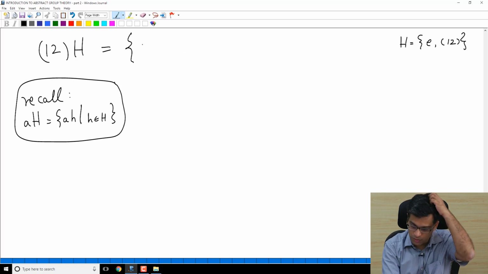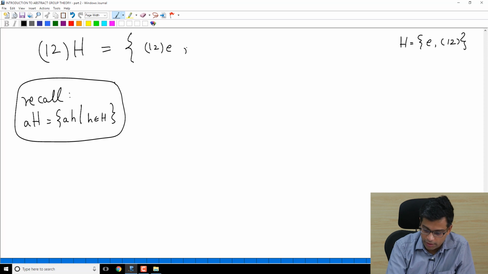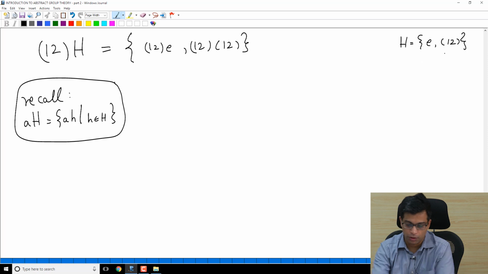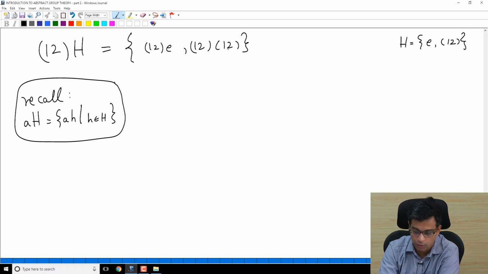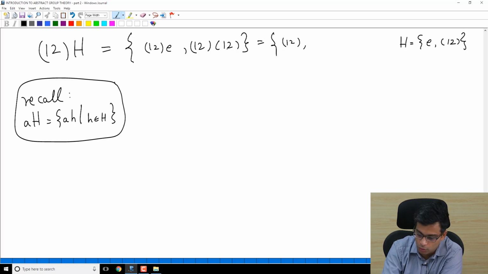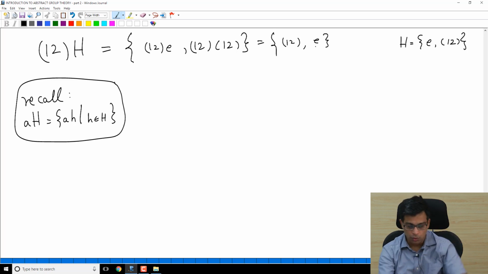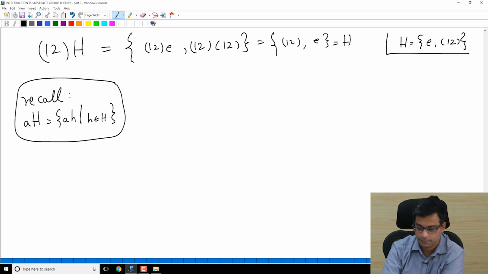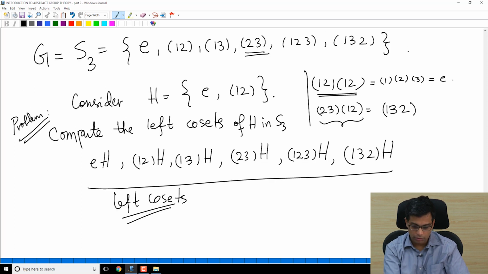So (1 2)H is (1 2) times E and (1 2) times (1 2). I'm going to multiply each element of H by (1 2). (1 2) times E is (1 2), since E is the identity element. And (1 2) times (1 2), as I worked out in the previous slide, is just E. (1 2) has order 2. So (1 2)H is just (1 2) comma E, which is exactly equal to H. So the first two cosets coincide. EH is the same as (1 2)H.